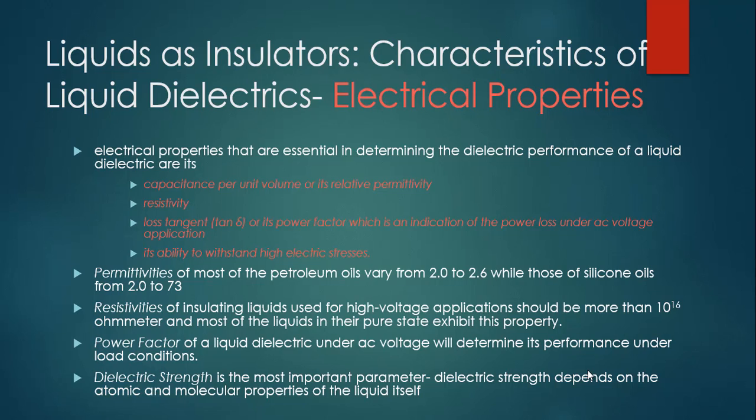However, under practical conditions, the dielectric strength depends on the material of the electrodes, temperature, type of the applied voltage, gas content in the liquid, etc., which change the dielectric strength by changing the molecular properties of the liquid. The above factors control the breakdown strength and lead to the electrical breakdown of the liquid dielectrics.